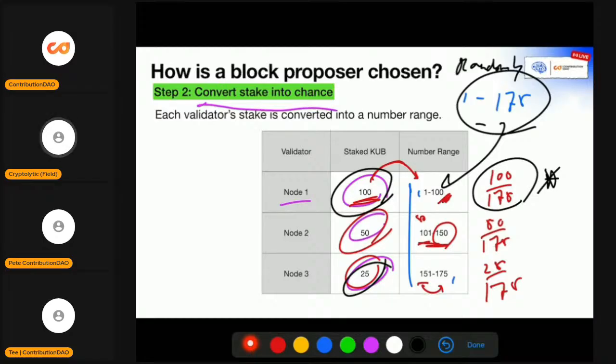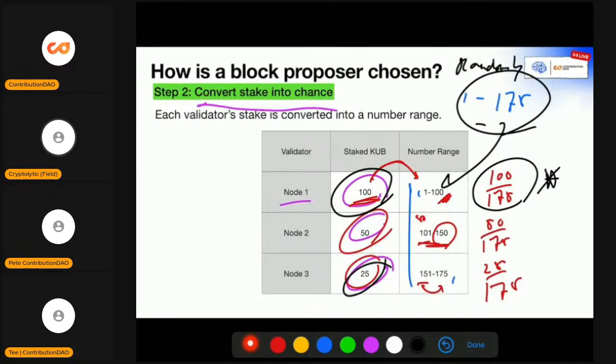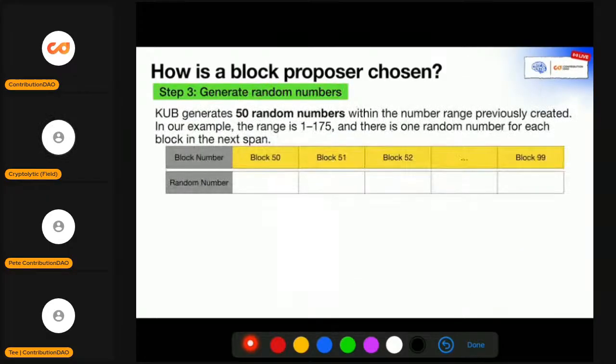If this is not clear, you just need to remember the number range from 1 to 175. Then what we are going to do is assign validators into these 50 slots.